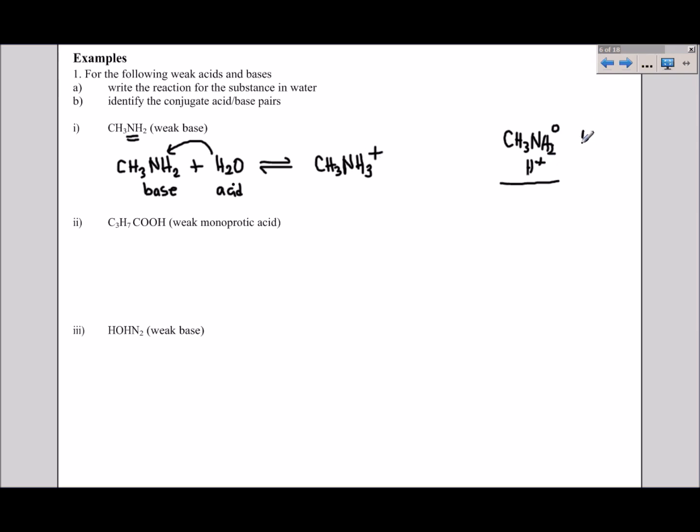Now at the same time, the water has lost a proton, so we've taken away a proton, leaving us with OH in terms of the atoms, because we've lost an H. And then the charge, I started with no charge, and I subtracted 1. So I'm left with a -1 charge.